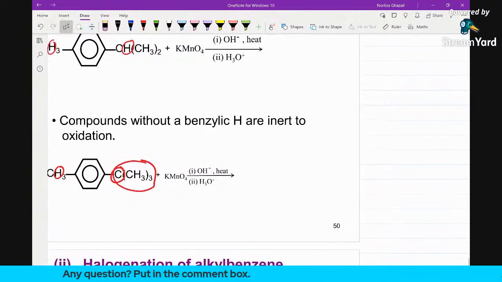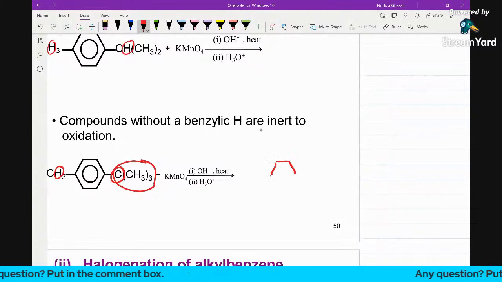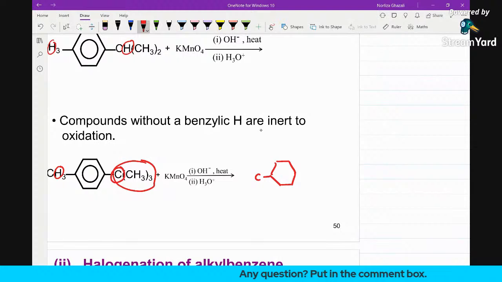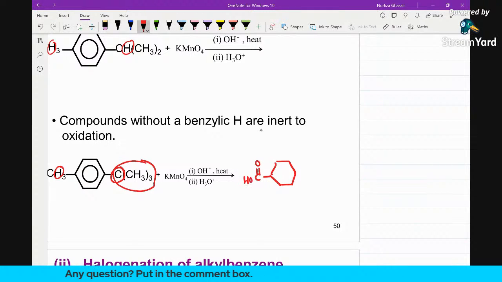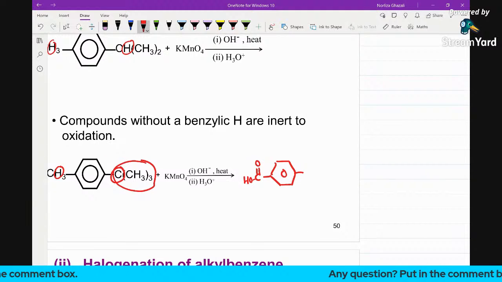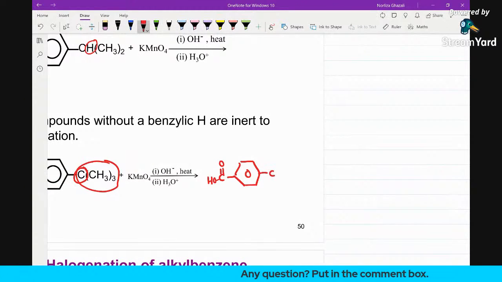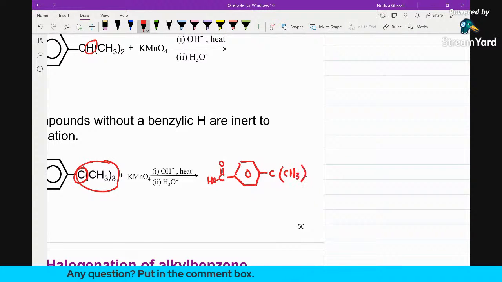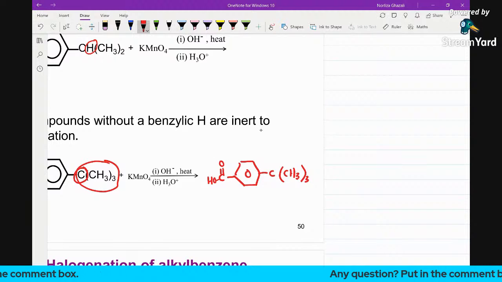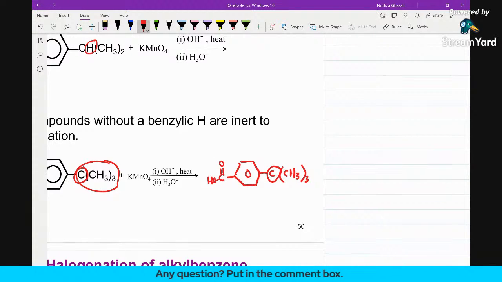So the CH3 on the left will change to C double bond O, OH, but the carbon on the right will stay as C, CH3, CH3. Okay, this carbon does not have any benzylic hydrogen.